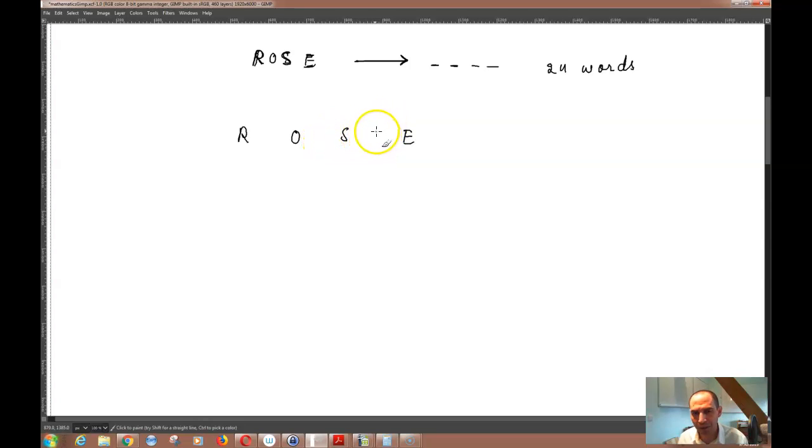Taking some would be making 3-letter words or 2-letter words using these letters, and taking all of them means taking the 4 of them at a time and creating 4-letter words.